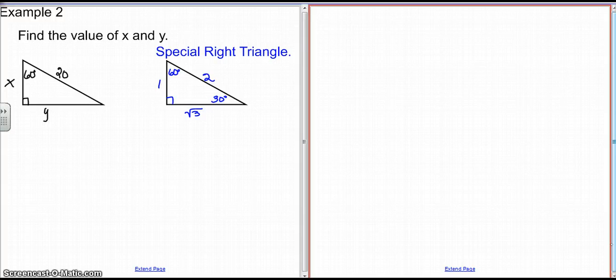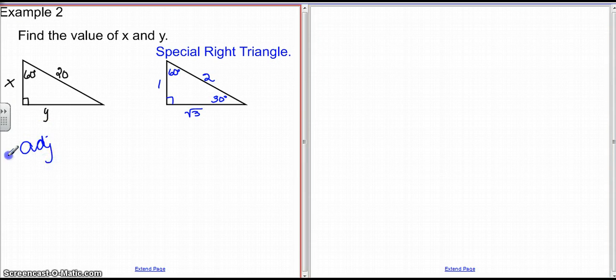One of the proportions that I'm going to set up, by using just similar triangles, is adjacent over hypotenuse. I write this out so I can remember which side I'm going to be using.